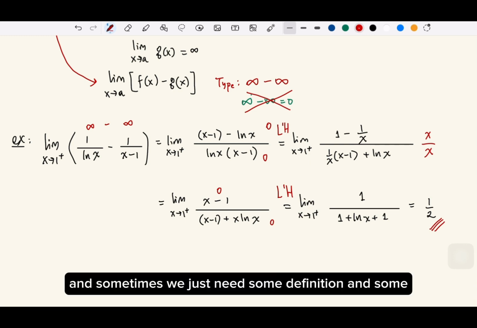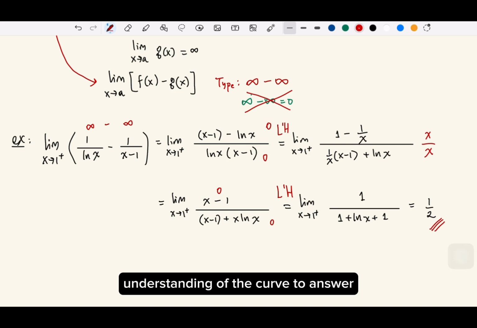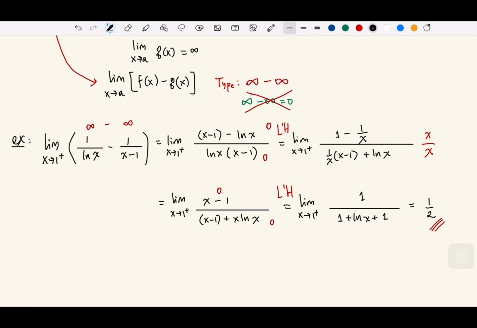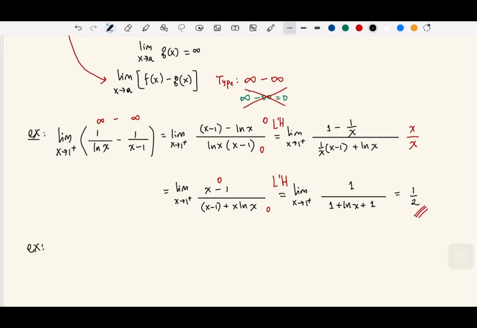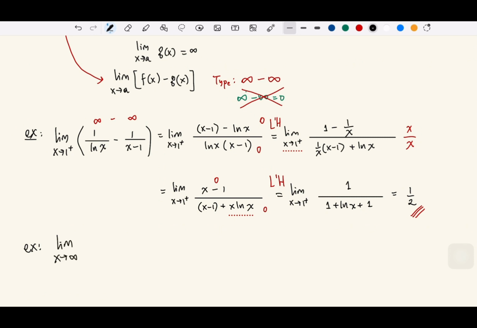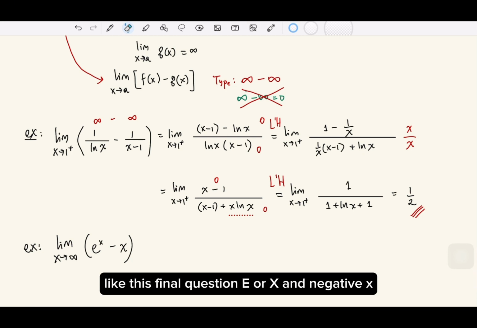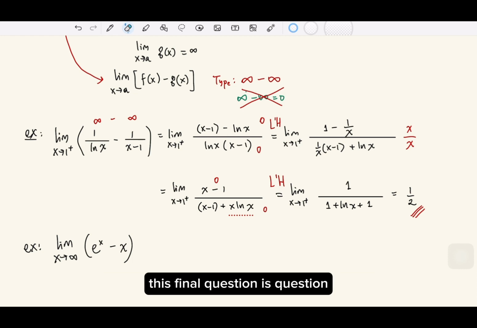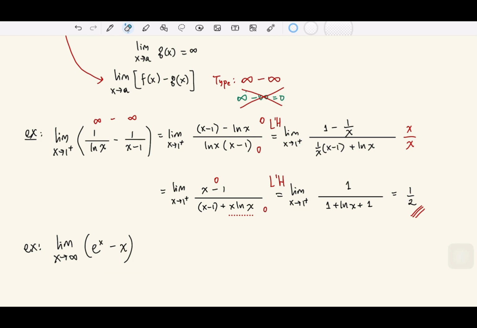And sometimes we just need some definition and some understanding of the curve to answer. No need to write something. For example, let me just write the question first. Like this type of question, e to the power of x minus x.